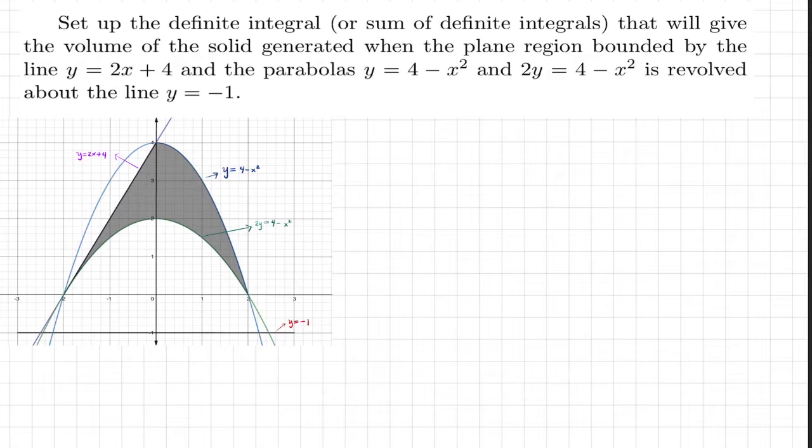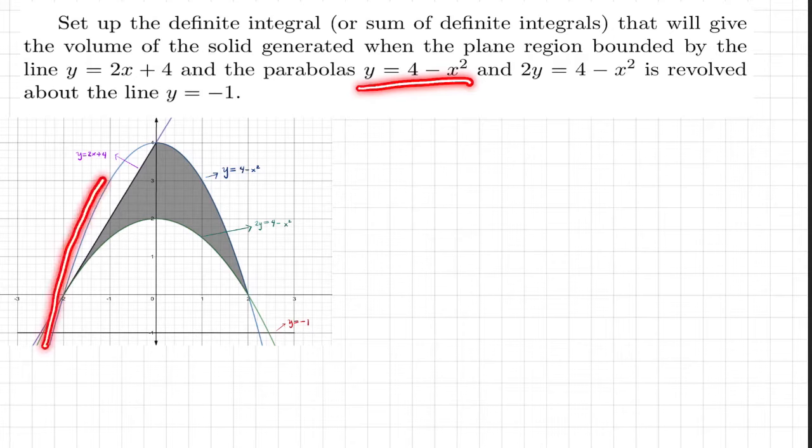Now let's proceed. For the second problem, we want to set up the definite integral or sum of definite integrals that will give the volume of the solid generated when the plane region bounded by the line y equal to 2x minus 4. So this is the line y equal to 2x minus 4. And the parabolas y equal to 4 minus x squared.